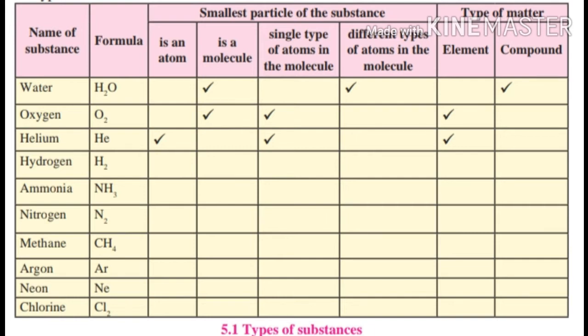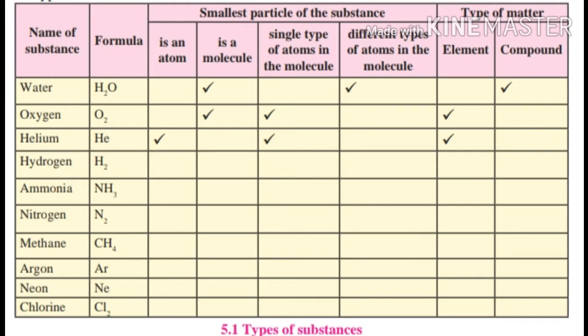Now first of all, we'll see the example, that is water. The formula is H2O. So is it an atom? No, because here hydrogen and oxygen, 2 types are there, therefore it is a molecule. Next, single type of atoms? No, put dash. The next, different types of atoms in the molecule?